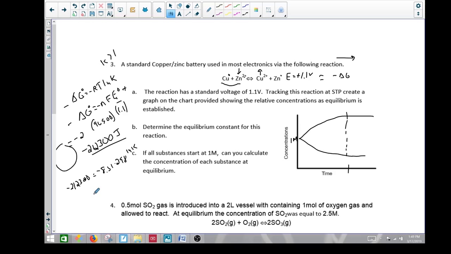K equals, so I divide by negative 8.31, divide by 298. I get 85. So I'm going to inverse natural log this, and my K is going to equal e to the power of 85.